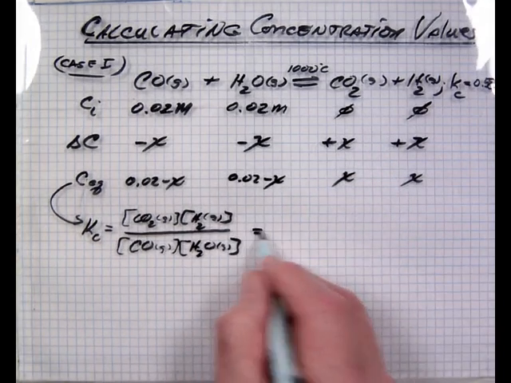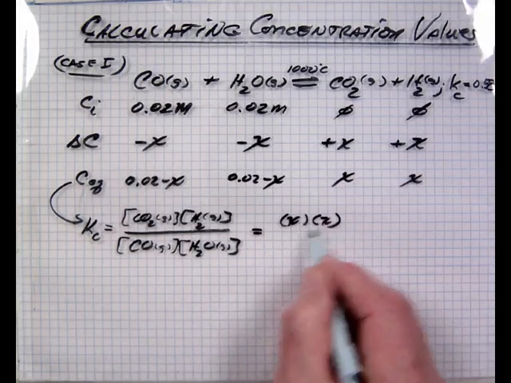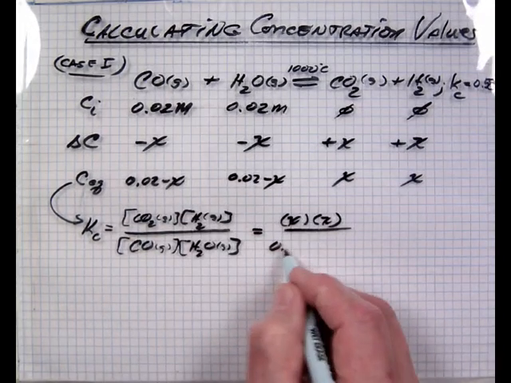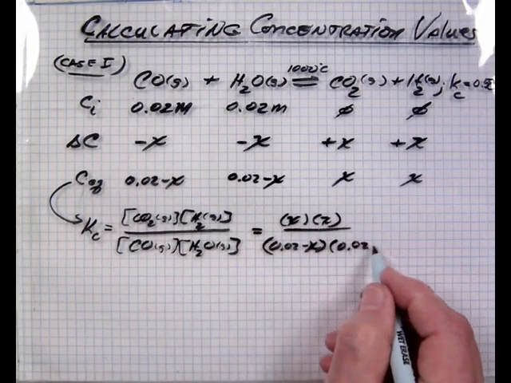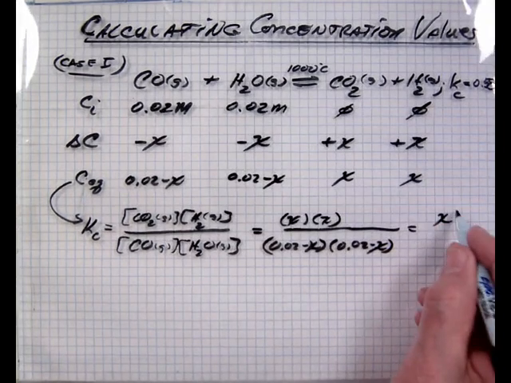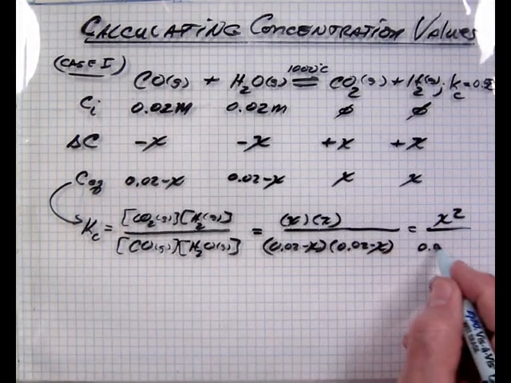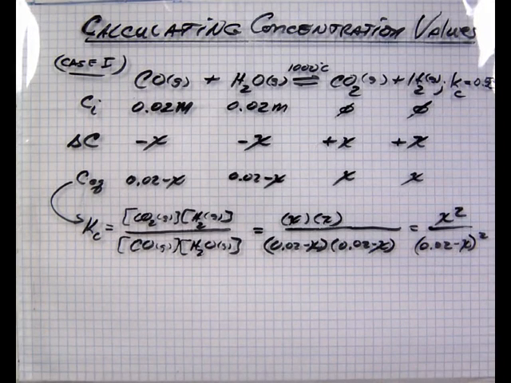This is x times x over 0.02 minus x times 0.02 minus x. Some of you already see where I'm going. So I can simplify this into x squared over 0.02 minus x squared right there.